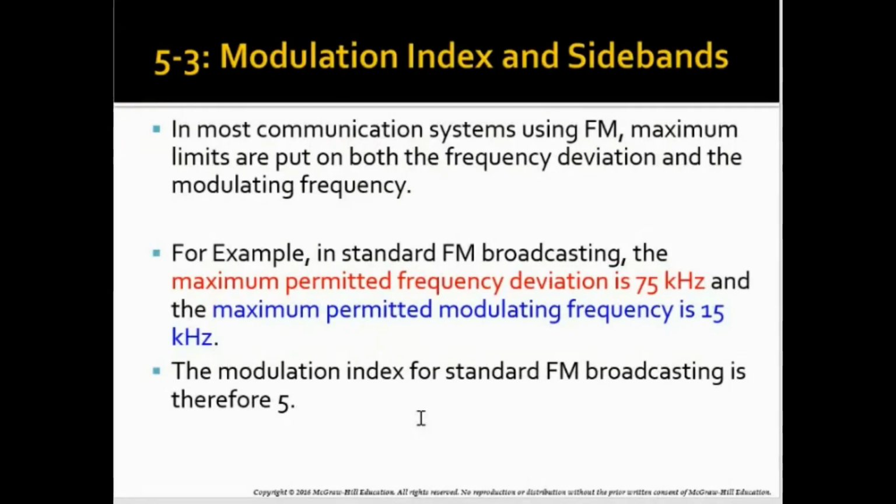So in this case, our modulation index is 75 over 15 is 5. So as we shown here. So that is to make your modulation index fixed, and we know what is our maximum frequency of modulating signal and maximum variation or deviation of your carrier.